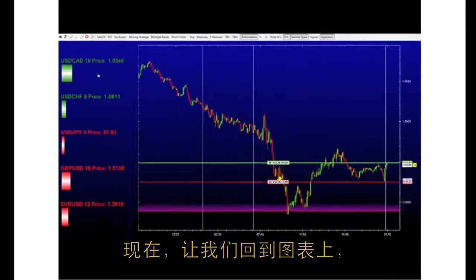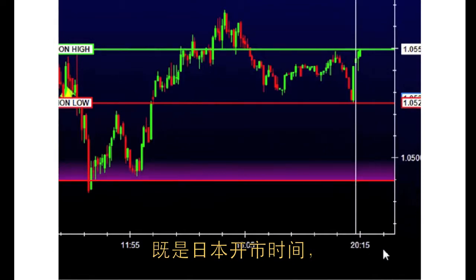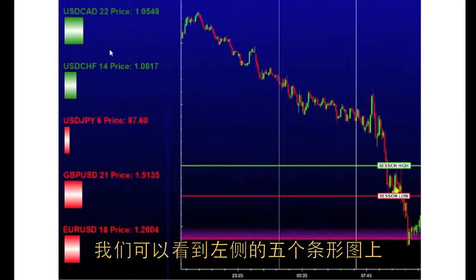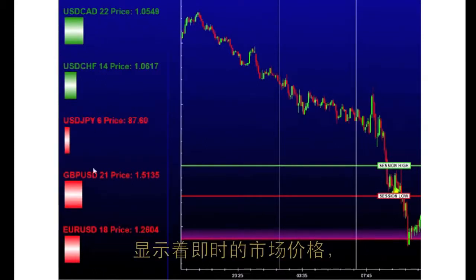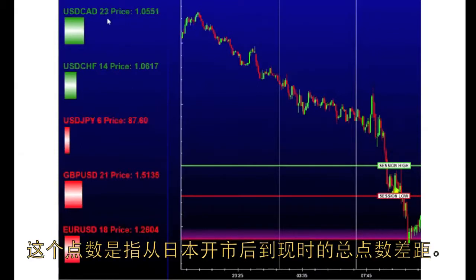As you can see the bars here on the left hand side, we simply want you to look at the bottom of your screen. Here we have 2015. This is the start of the Japanese session. Now on the left hand side we can see these 5 different currency pairs, and we have the current market price, and we have USD CAD 22.